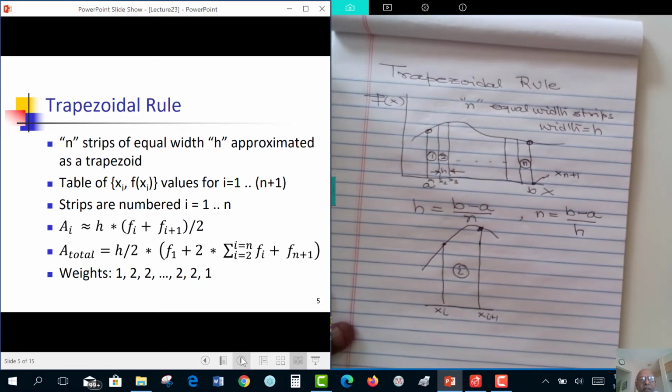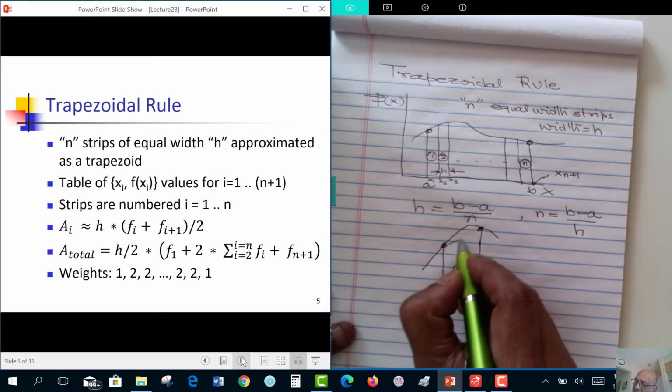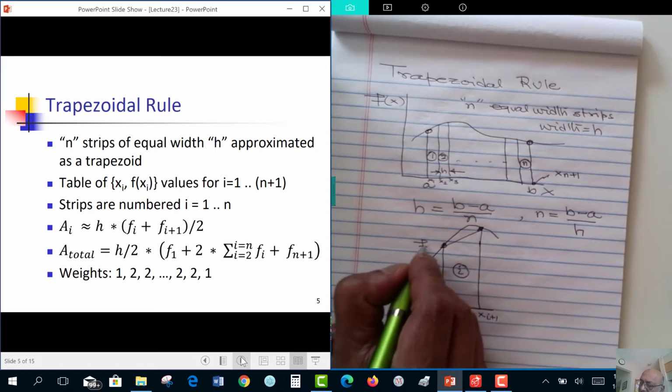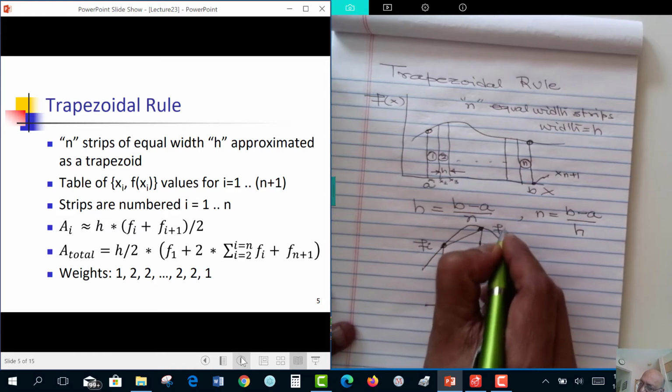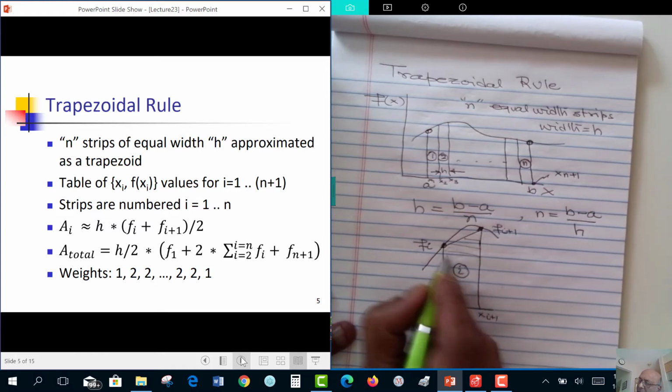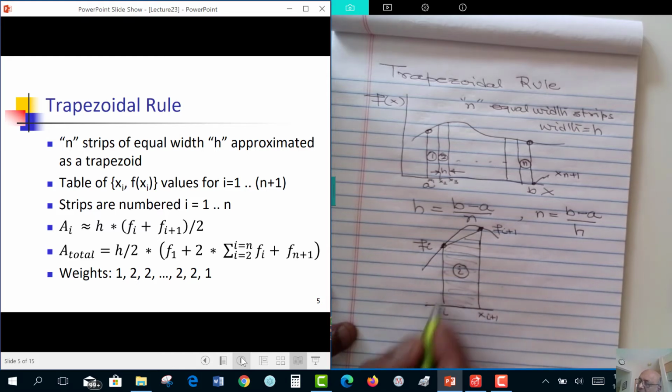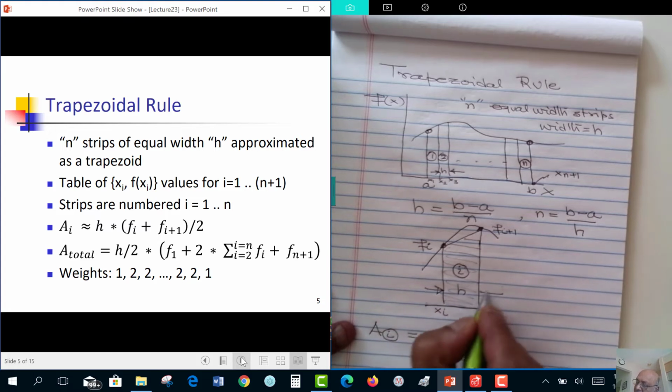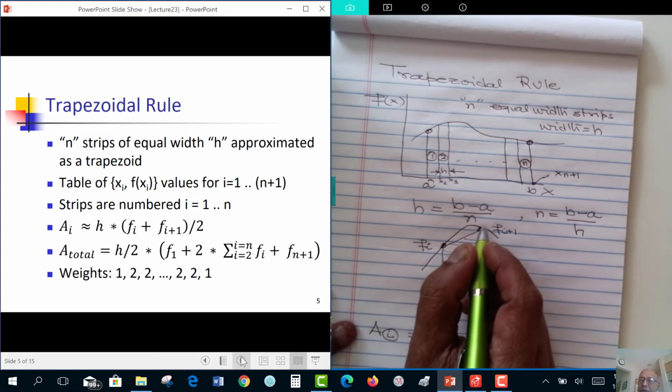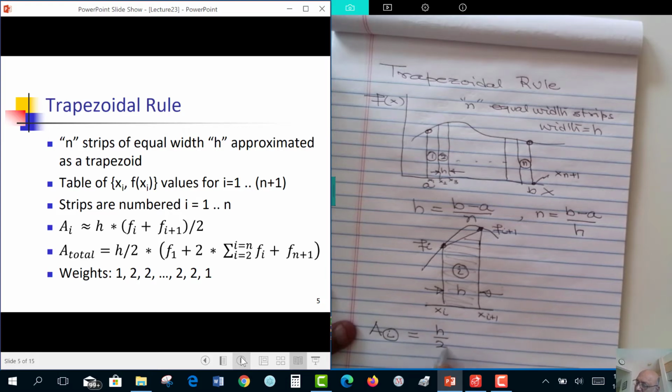What the trapezoidal rule says is we connect these two function values fi and f(i+1) by a straight line, and we say the area of the strip is approximately this trapezoidal area. So the area of strip i is height times average function value. The average function value is the sum of the two function values divided by 2. So that's our one strip area.